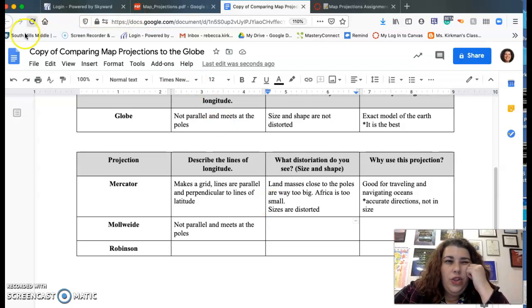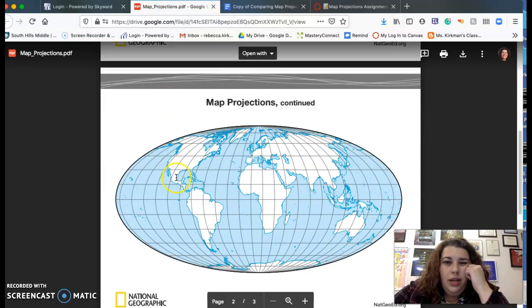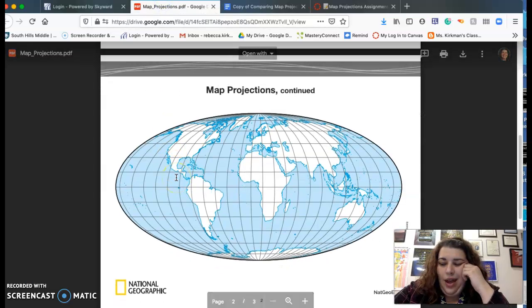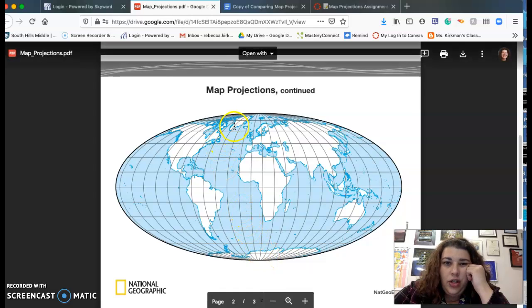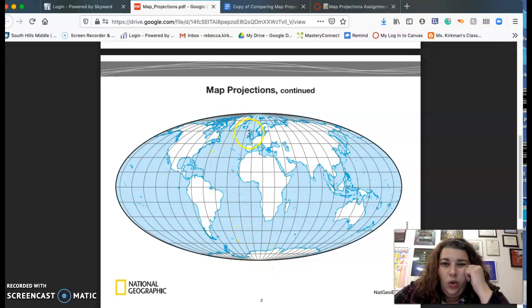Looking at this shape and size, the size is actually pretty accurate. When I look at Antarctica, that looks pretty good, like how Antarctica should look. Greenland is too. So the shapes on here look pretty good. Now the size is what is not projected right on here.